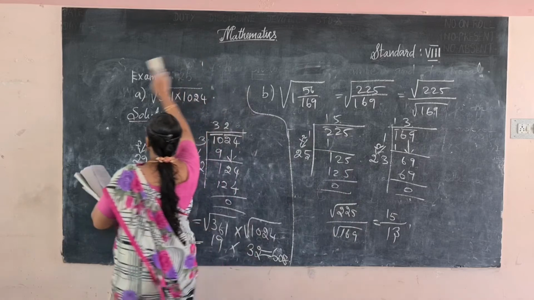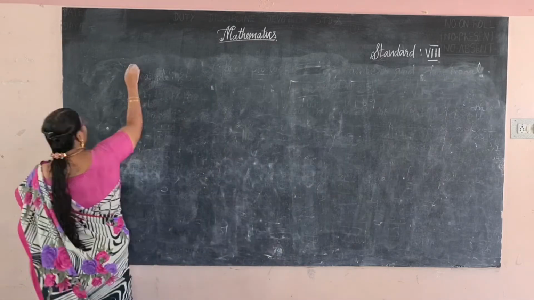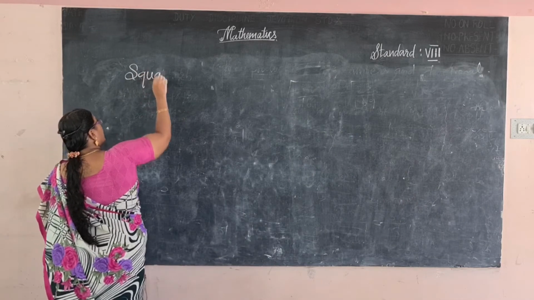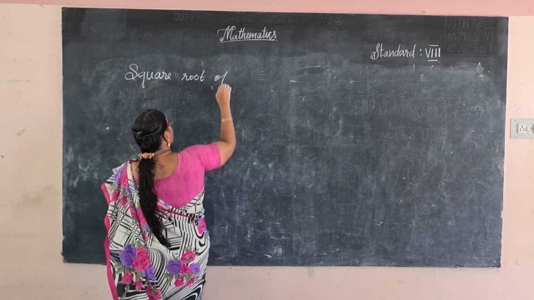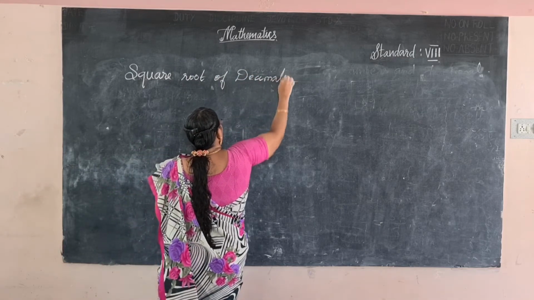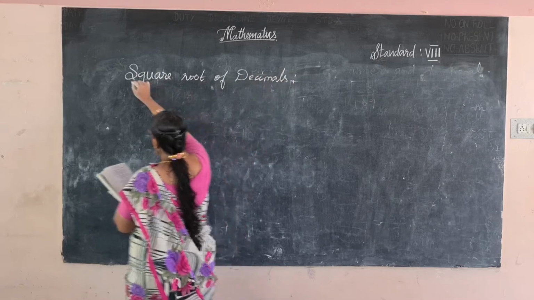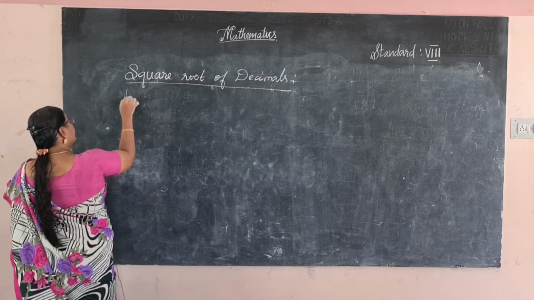Now the next method: square root of decimals. See the example.